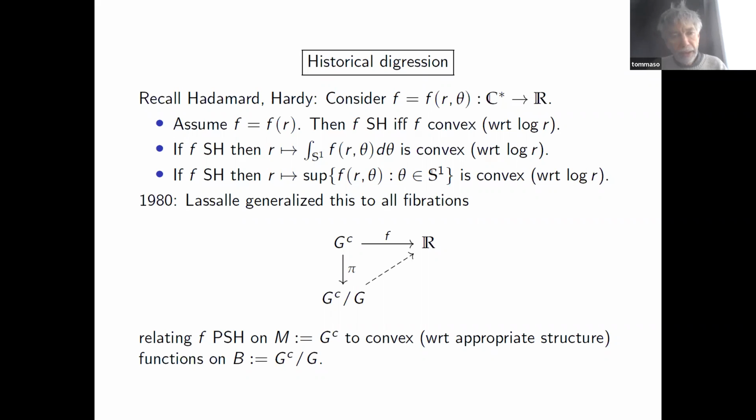In the more general case in which the function depends on both variables, you can generate functions which depend only on one variable by integration or by taking the supremum across the circles. If the initial function is subharmonic, then the function you have generated this way will become convex.